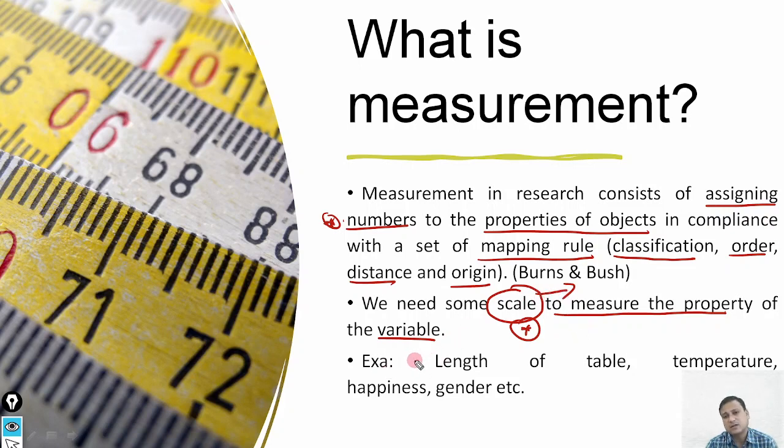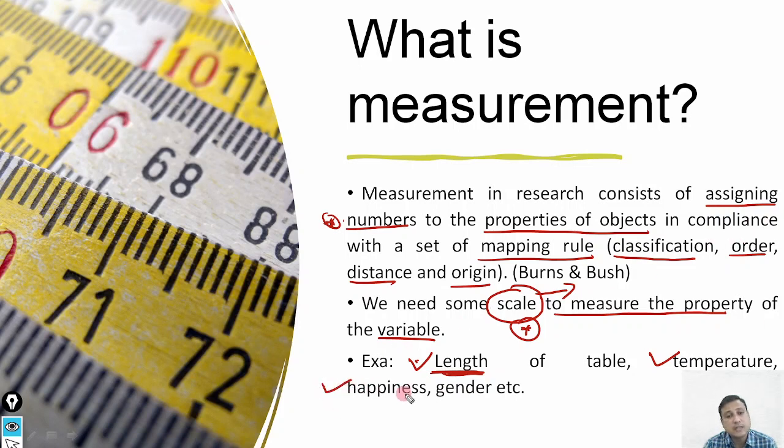For example, suppose we measure the length of a table. Length is the property. How am I going to measure this? I am going to use a tape, start from 0 and measure the length of the table in centimeters or in inches. Temperature, we will measure using a thermometer in Celsius or in Fahrenheit.